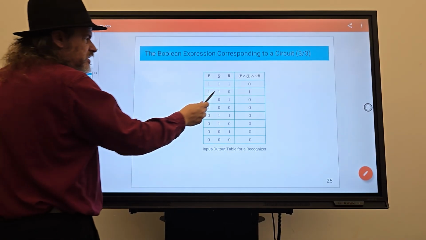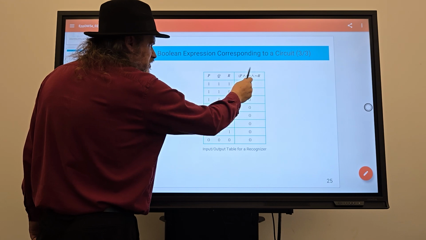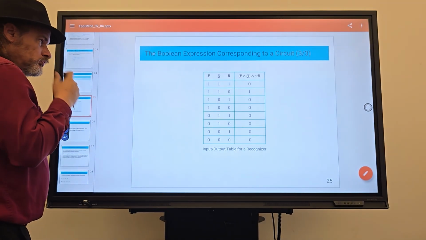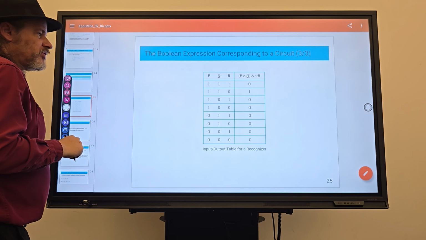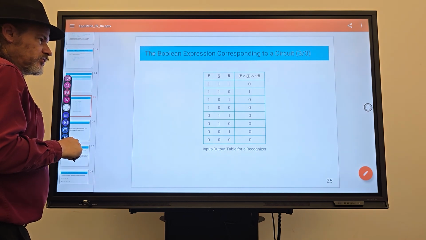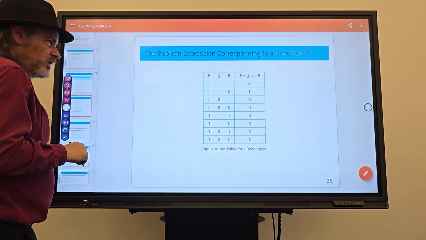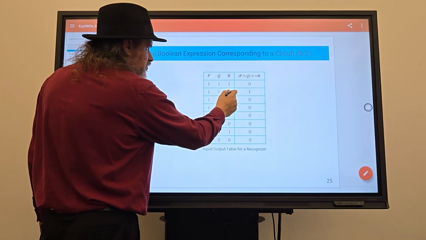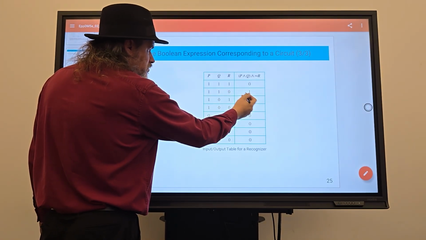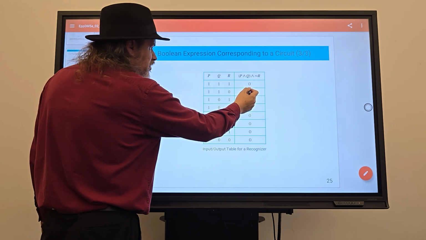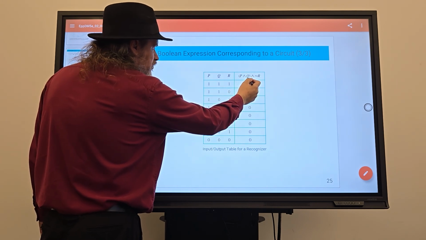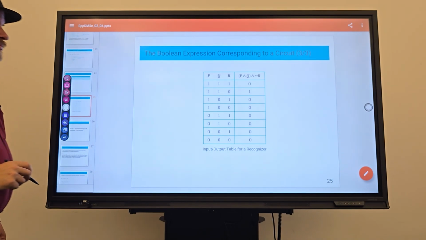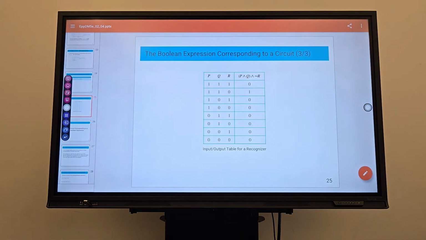You can construct the Boolean expression that corresponds to that one output being true and the rest being false. P and Q are high, and R is low, or 1, 1, and 0. So P and Q and not R. And the rest are zeros.